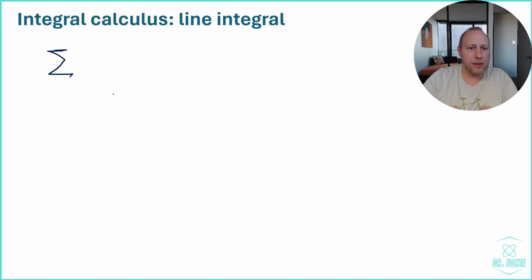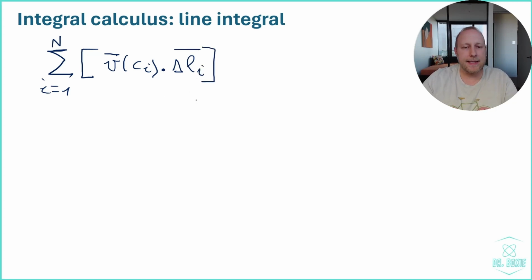It's the sum for i going from 1 to n of V Ci dotted with delta Li.